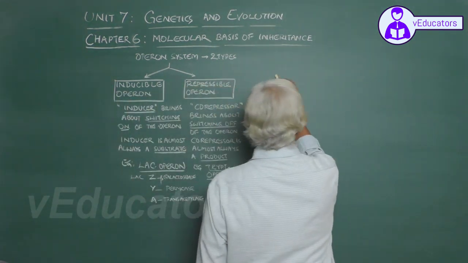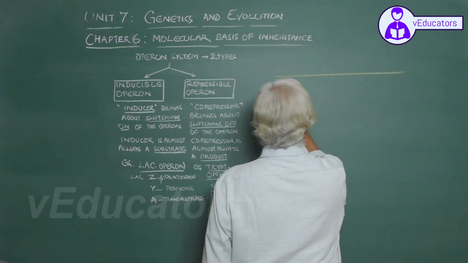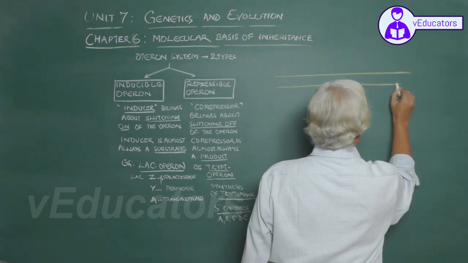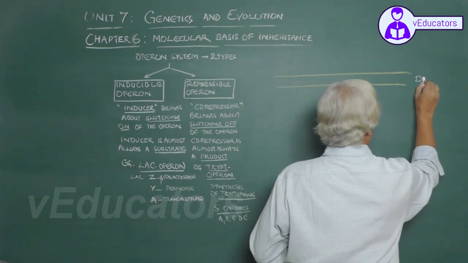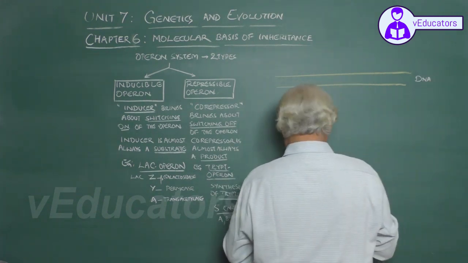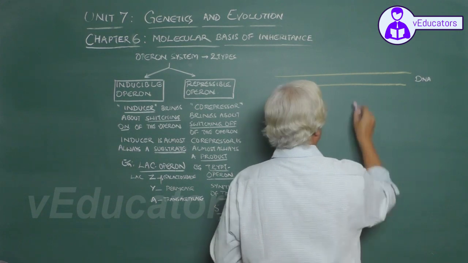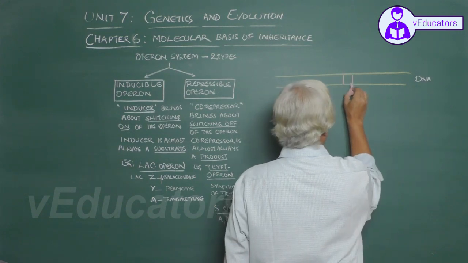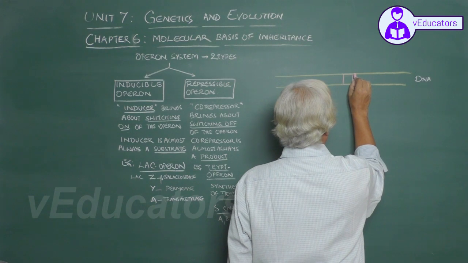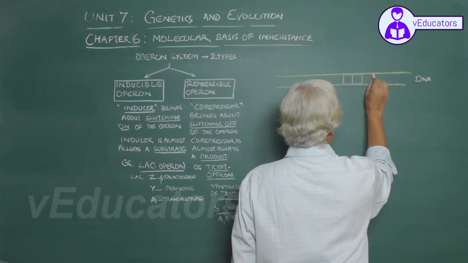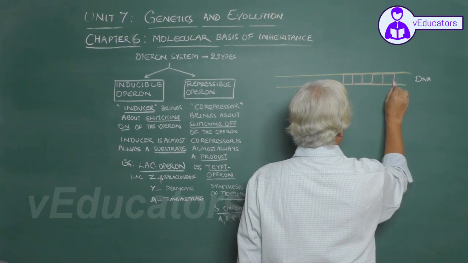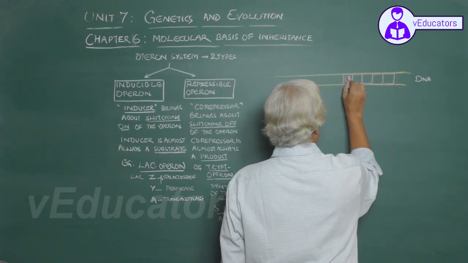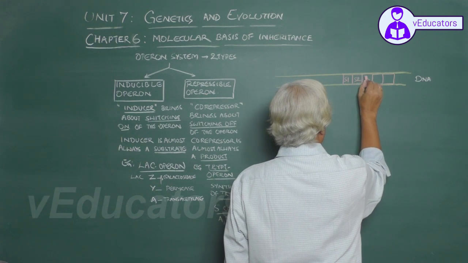So this is the DNA molecule. Let us say in this DNA molecule there are 5 structural genes.